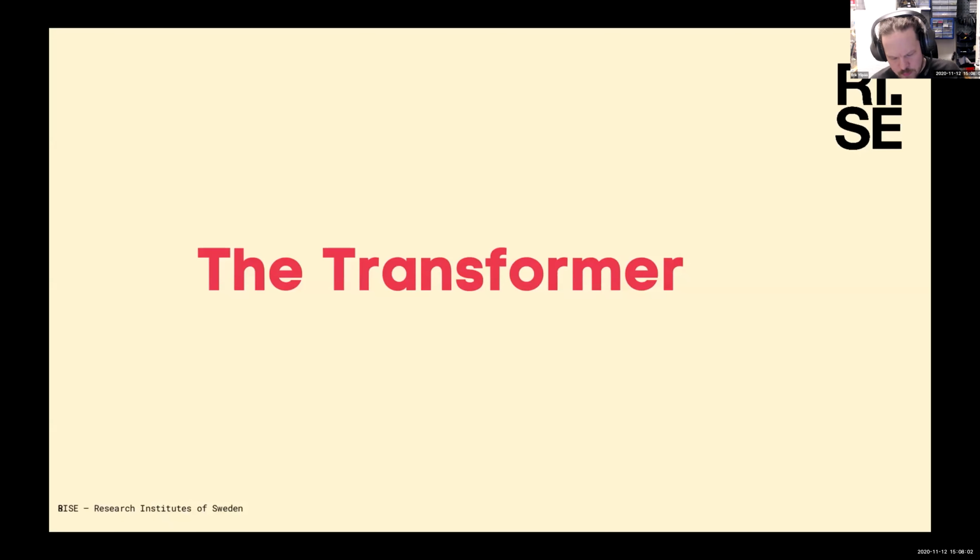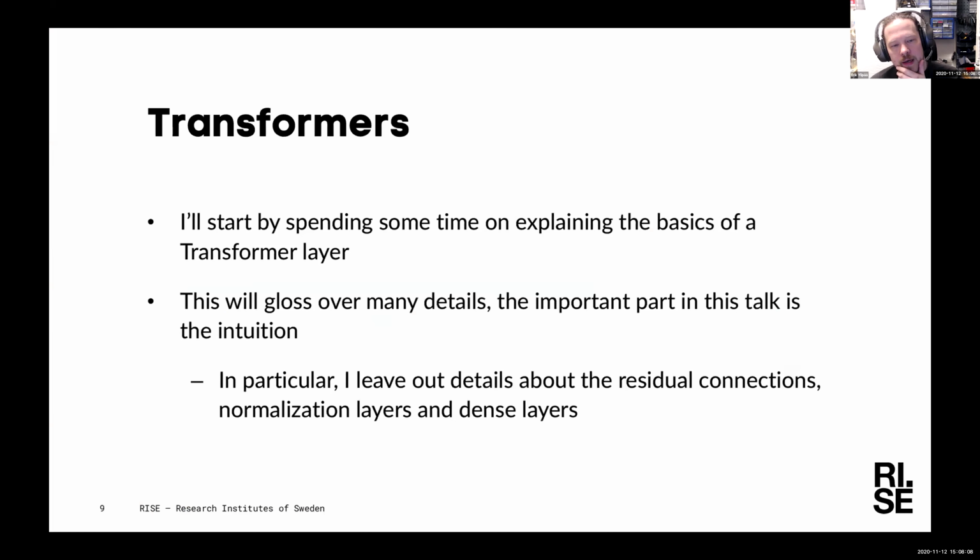So to give you a bit more background, I will explain the transformer architecture, and I will focus on what we could call the transformer layer, and in particular the heart of the transformer, the self-attention mechanism, which is also the issue with the transformer when it comes to computational and space complexity.